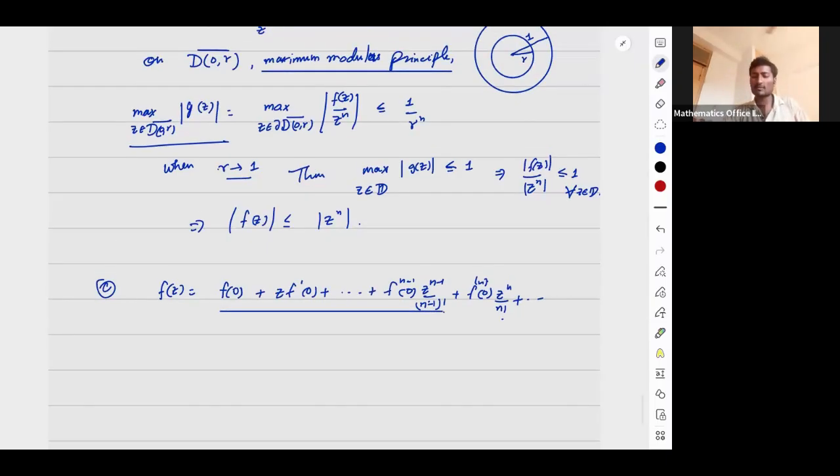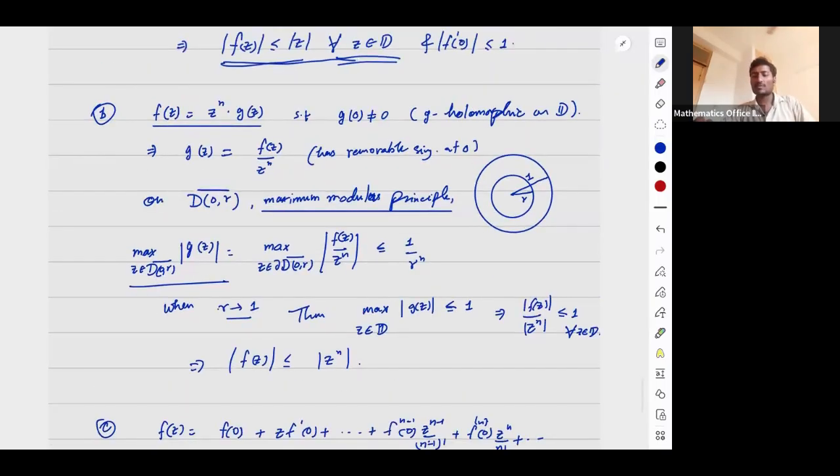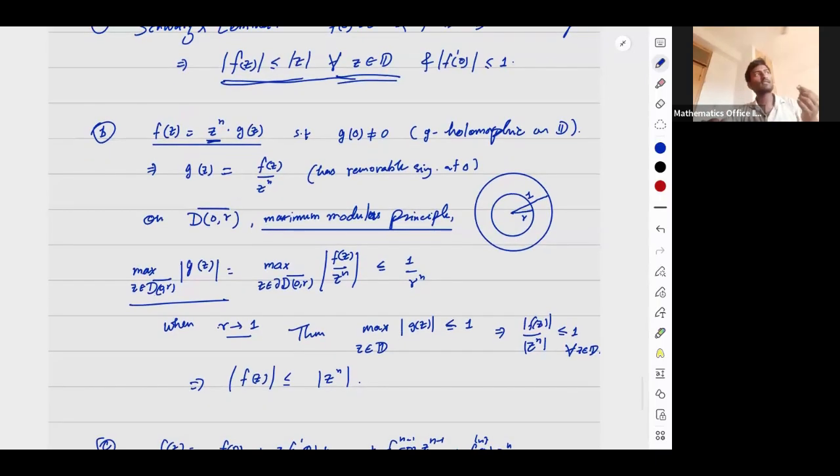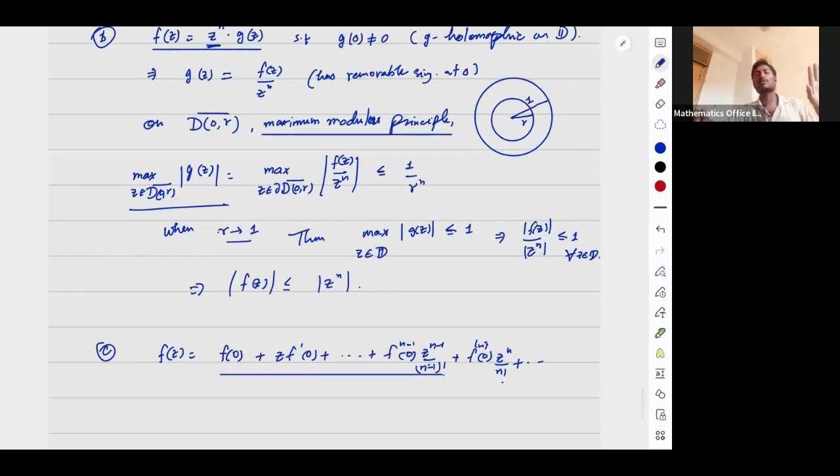Why are these 0? Because at 0 we have a root of order n. z to the power n will be our first term in the Laurent series expansion, or Taylor series expansion in particular, because f is holomorphic. So f(0), f prime 0, up to the (n minus 1)th derivative, they are all 0. But the nth derivative will be non-zero.